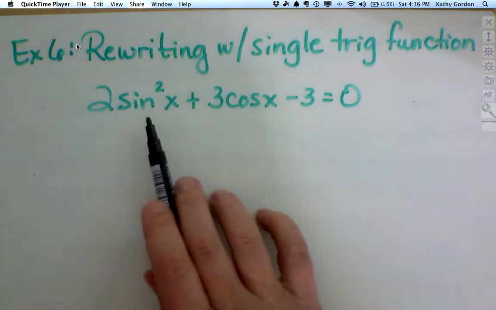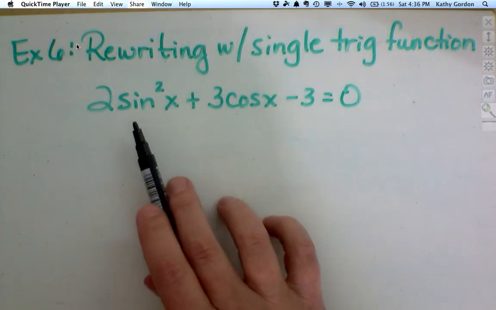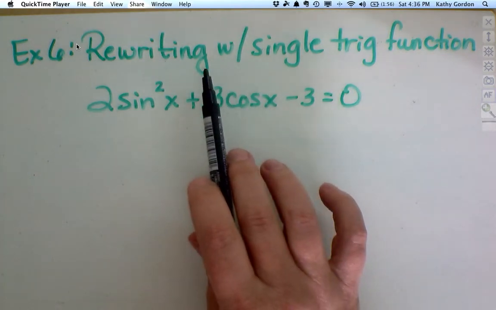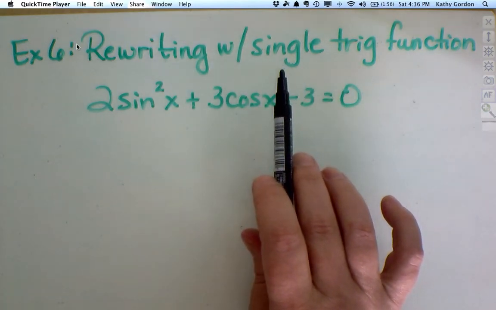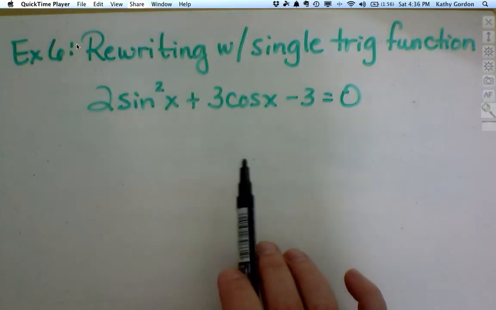But we cannot just use the quadratic to factor this because our trig functions are different. So we need to be able to rewrite this using a single trig function so that we can then use the quadratic factoring to get our answer.